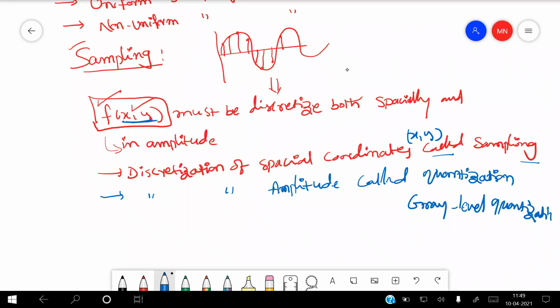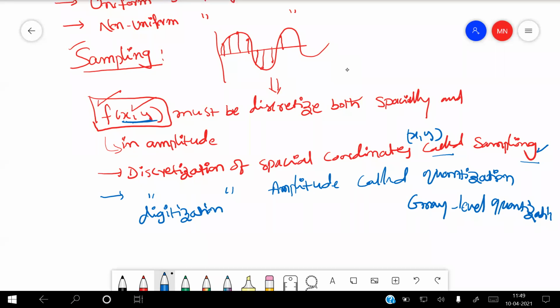So discretization of the spatial coordinates is called the sampling technique, and discretization of the amplitude is nothing but digitization.